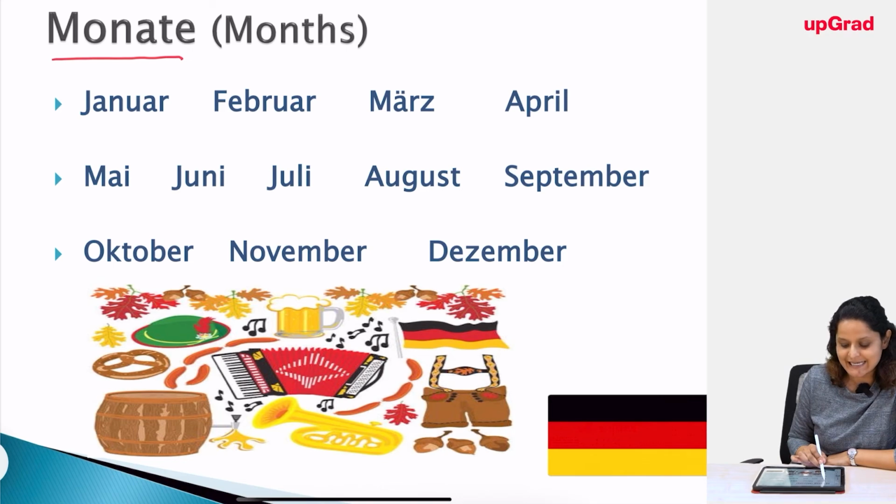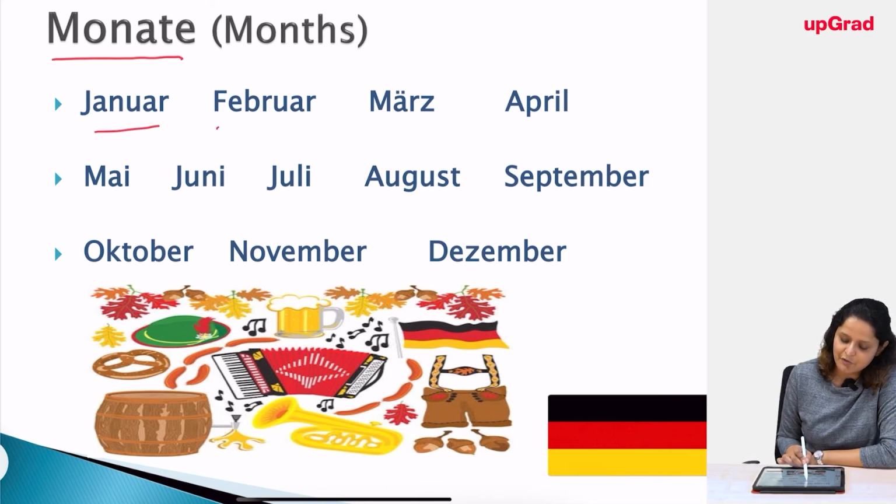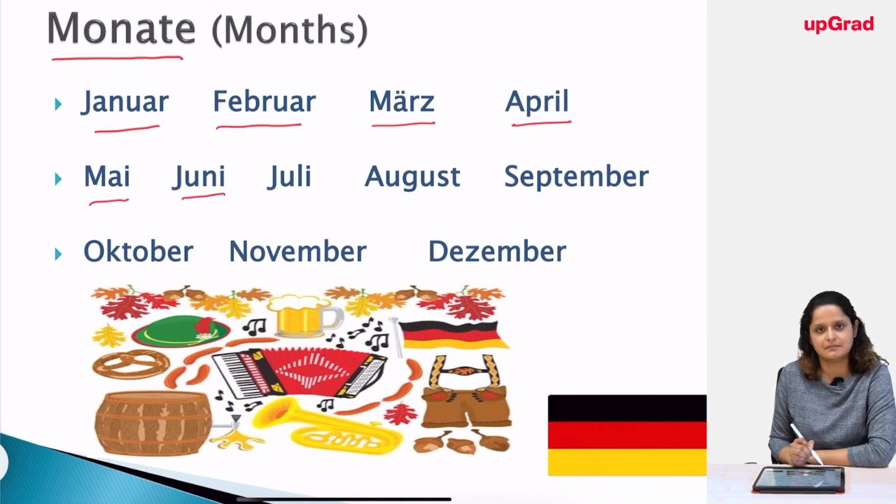So, we start with Januar, which is January. Februar, which is February. März, which is March. April, which is April. Mai, that is May. Juni, that is June.